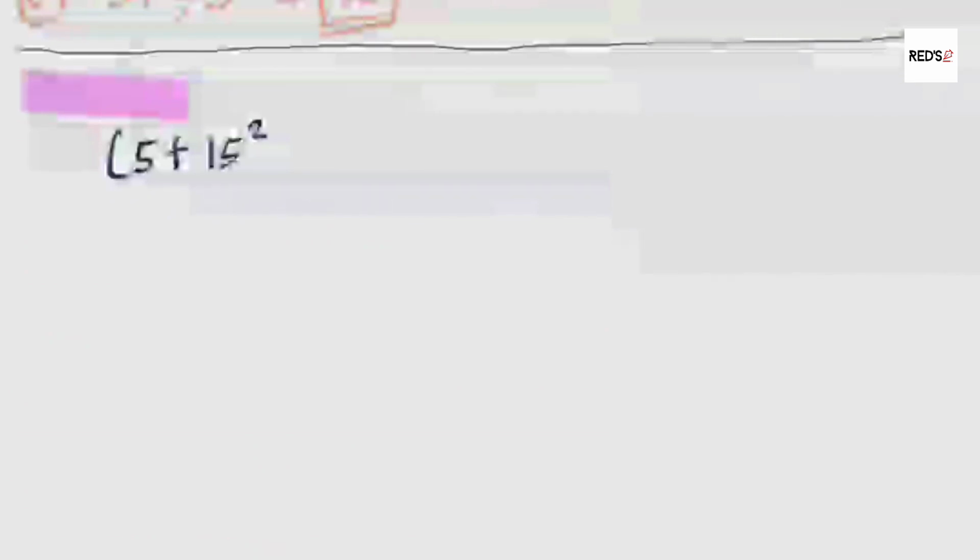Okay, let's do the pink section. But before that, let's have a division here first. The pink section, we have a more simpler set of operations. We have 5 plus 15 squared divided by 25. That's a lot of 5s. I think this is much easier to manipulate.